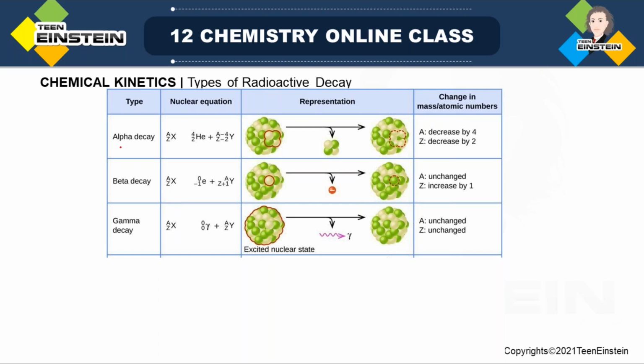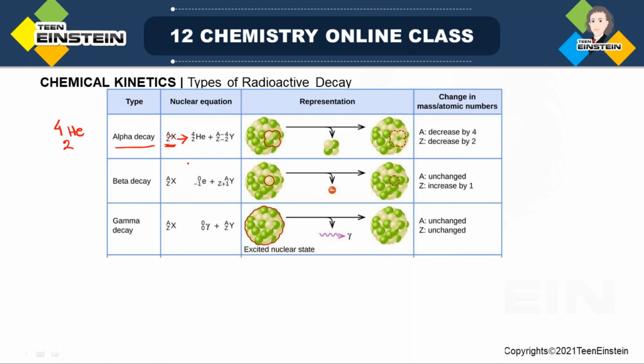So when we say it is alpha decay, an alpha particle is basically a helium nucleus, that is He, atomic number is 2, mass number is 4. Here our starting species is A Z. Remember, A means mass number, Z is atomic number.